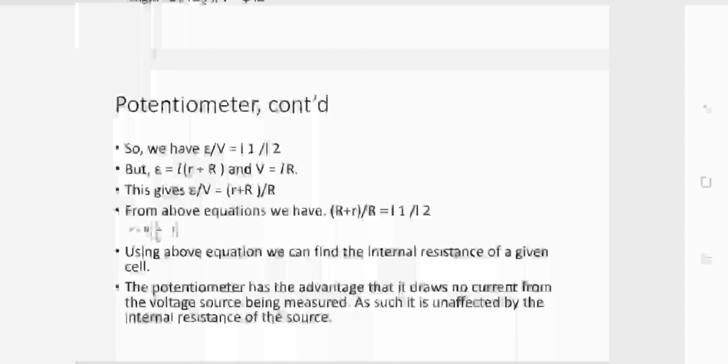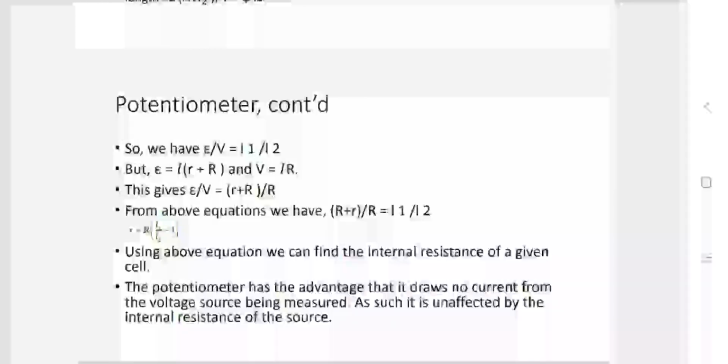So epsilon by V is nothing but (r plus R) divided by R. Now equate that epsilon by V equation with the one we obtained through the length of the wire. So we have (r plus R) by R equal to L1 by L2. Make small r the subject of the formula. So we have r equal to R into (L1 by L2 minus 1). So by having this equation, using this phenomenon, we are also able to get the internal resistance of the cell.